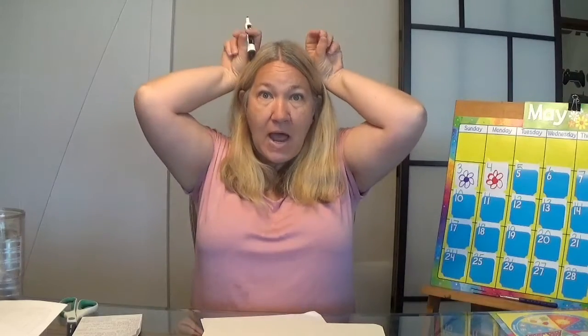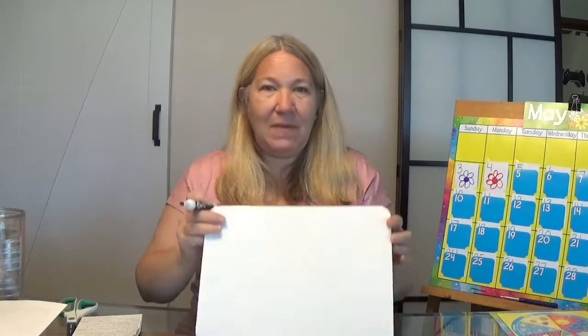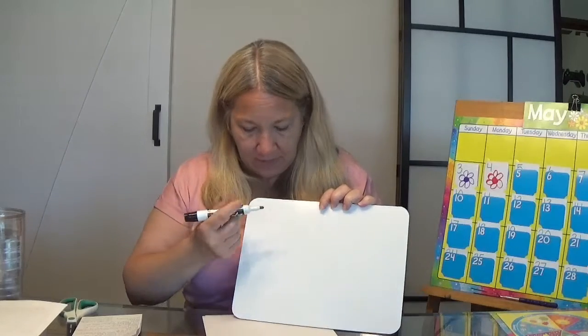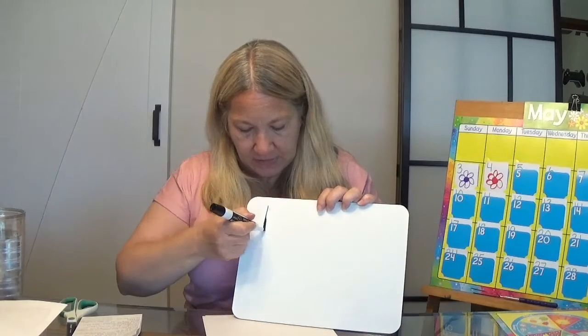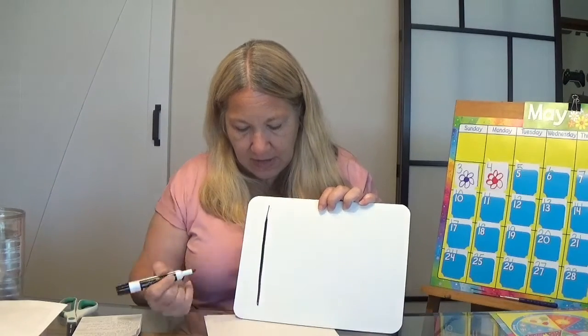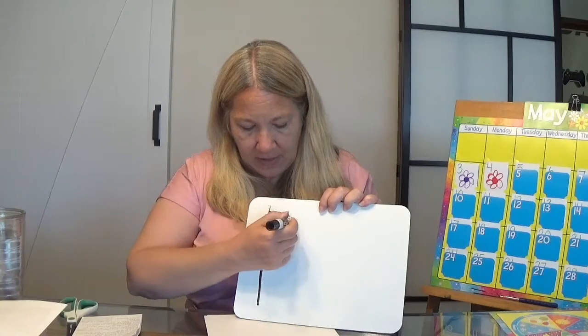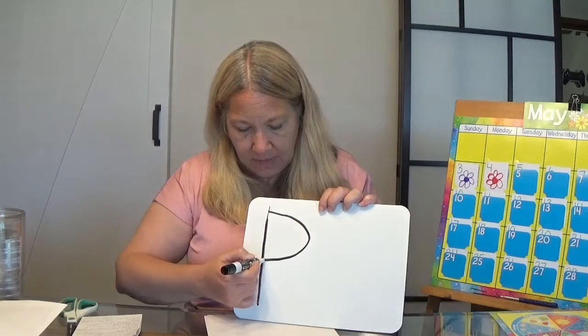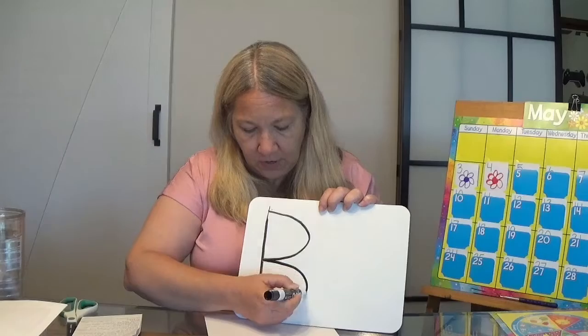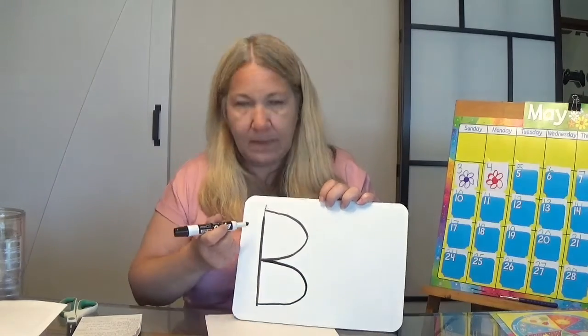Today and tomorrow we're going to be focusing on the letter B. B says B. When I make an uppercase B, a capital B, I start at the top and I make a straight line down. Then I jump to the top and I make a little curve to the middle and I make another curve to the bottom.